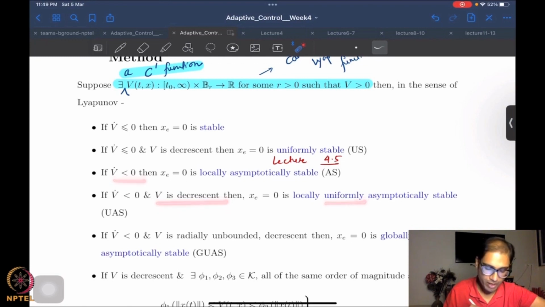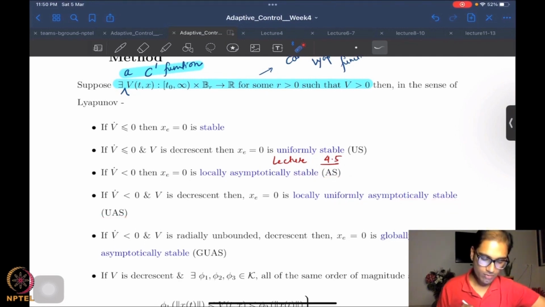If V dot is negative definite and V is decrescent, then the origin is locally uniformly asymptotically stable. We commonly use acronyms for these properties, because they are long. We call uniform stability US, asymptotic stability AS, uniform asymptotic stability UAS.